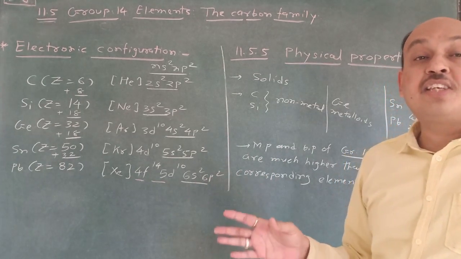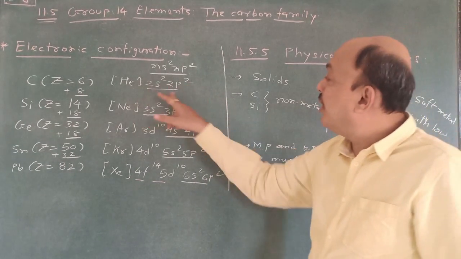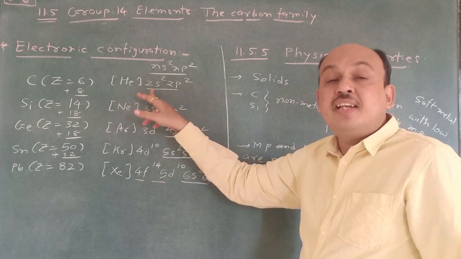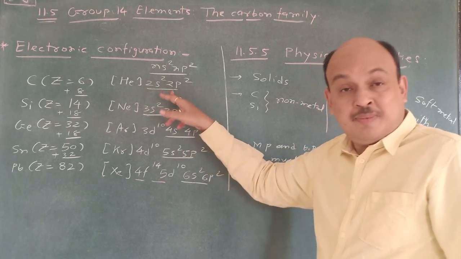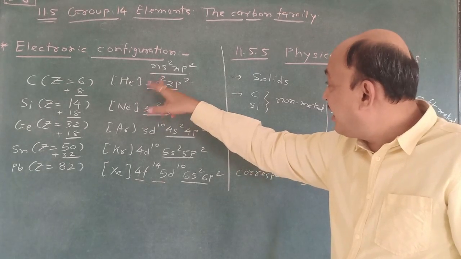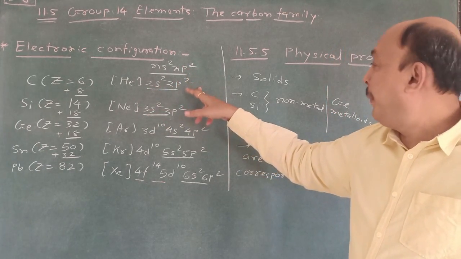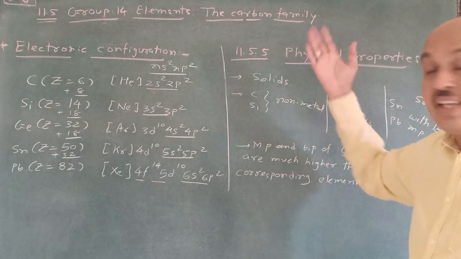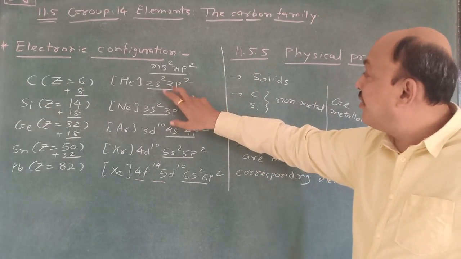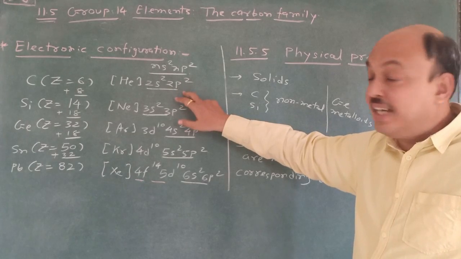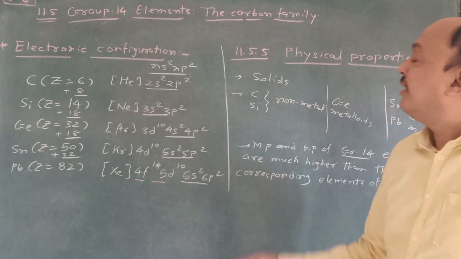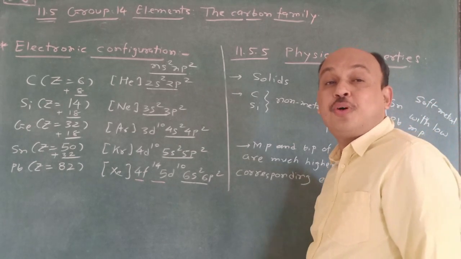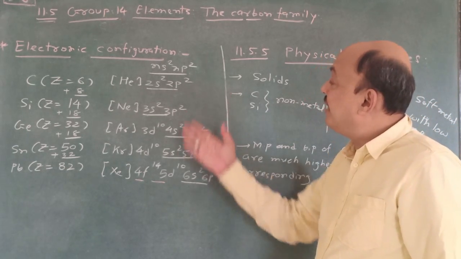You already learned CH4, and that's why you have to learn it here. Due to the spinning effect, it repels, and due to that the 2s2 electron enters the 2pz orbital. And the ionization enthalpy is very high, 1086, and due to that they form both C plus 4 as well as C minus 4 compounds.